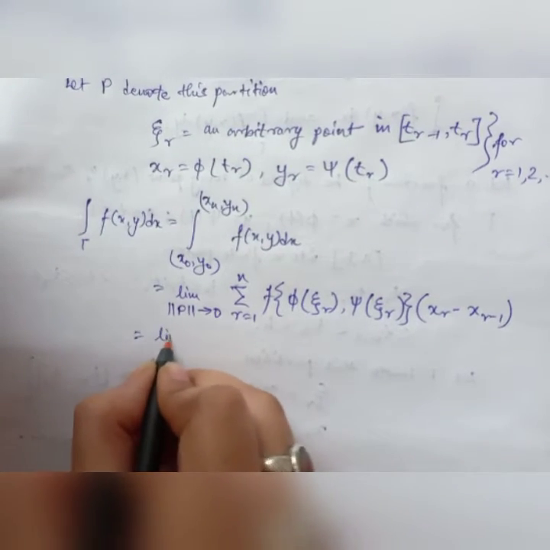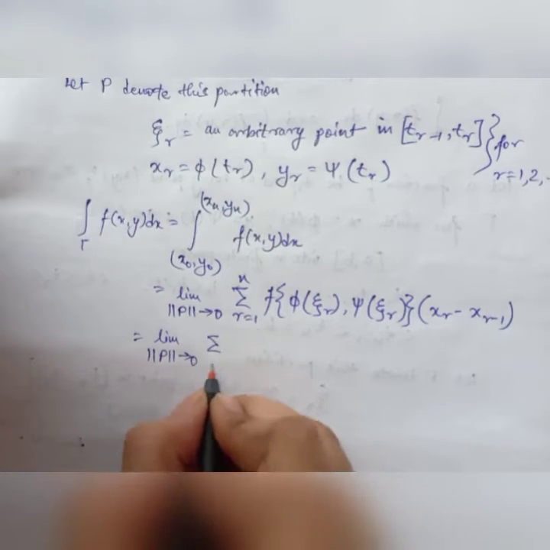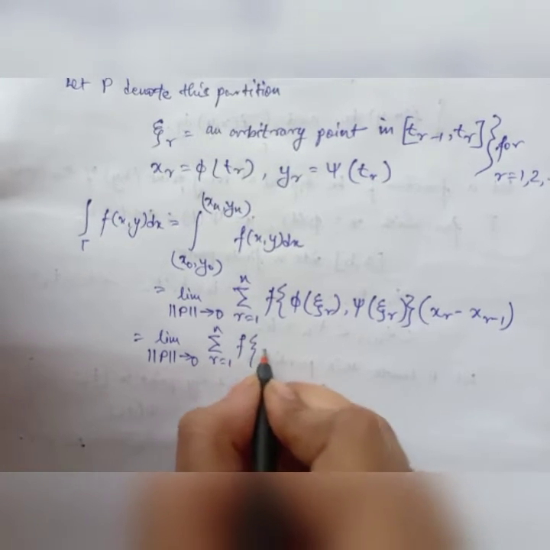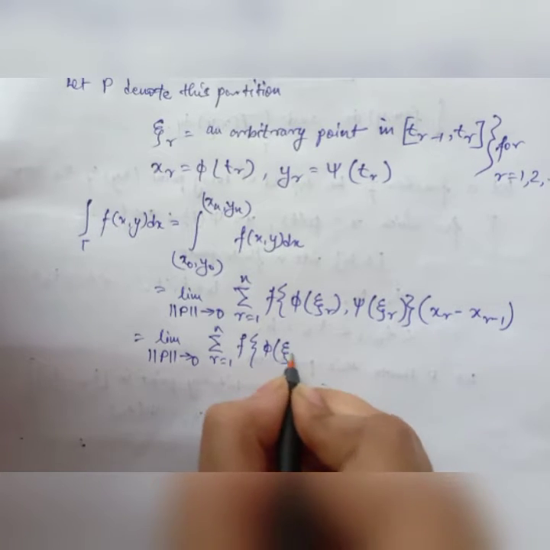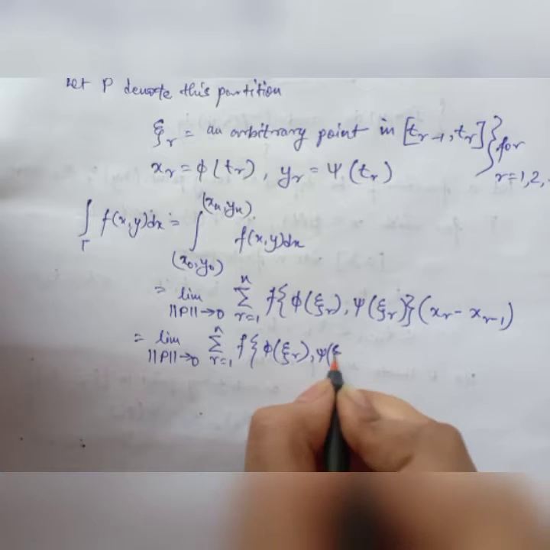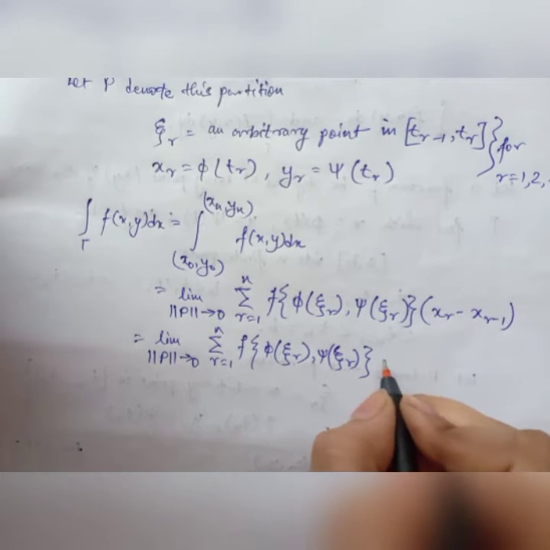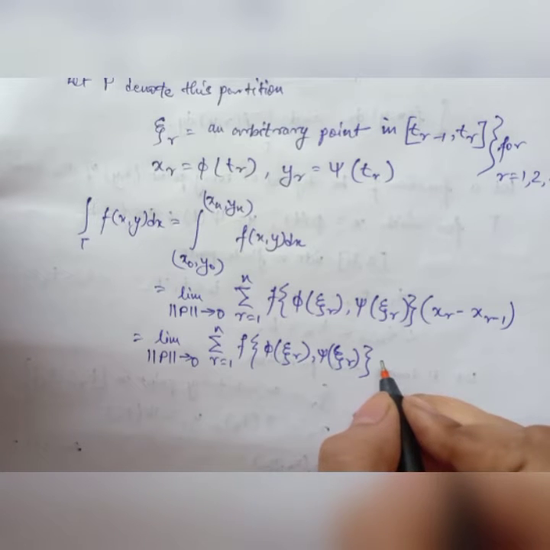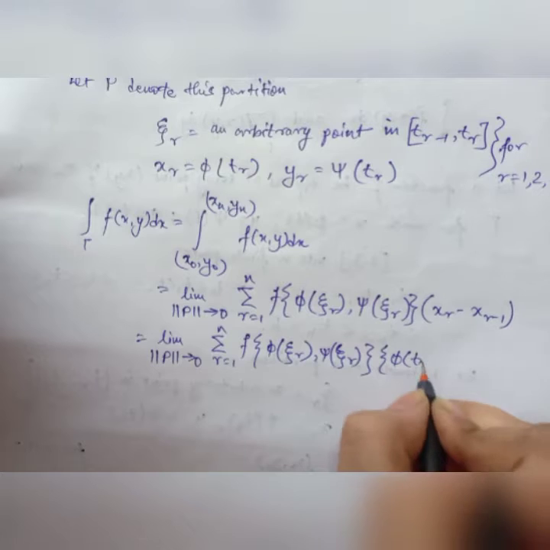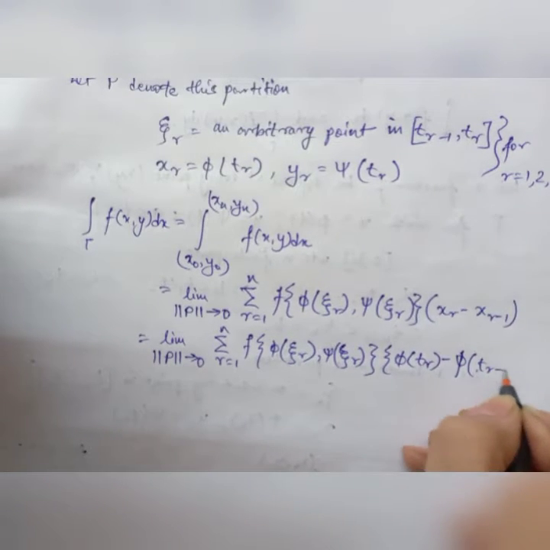This equals limit summation r equals 1 to n f of phi of xi r, psi of xi r, and we substitute xr minus 1 into phi of tr minus phi of tr minus 1.